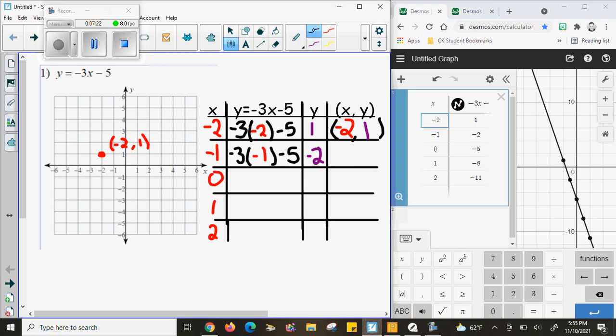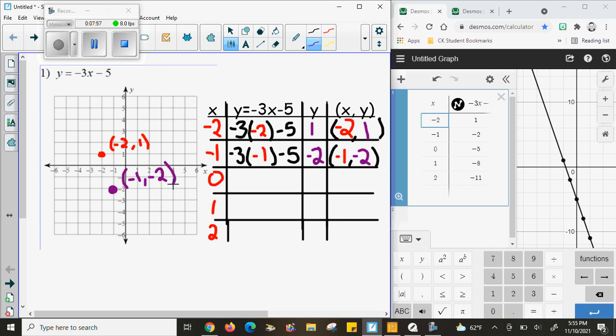And that translates into the ordered pair of -1, comma, -2, close parenthesis. So I'll go ahead and now graph that point. Starting at the origin, I go left to -1 and down to -2. Here is my new point on the graph, and this was the ordered pair.